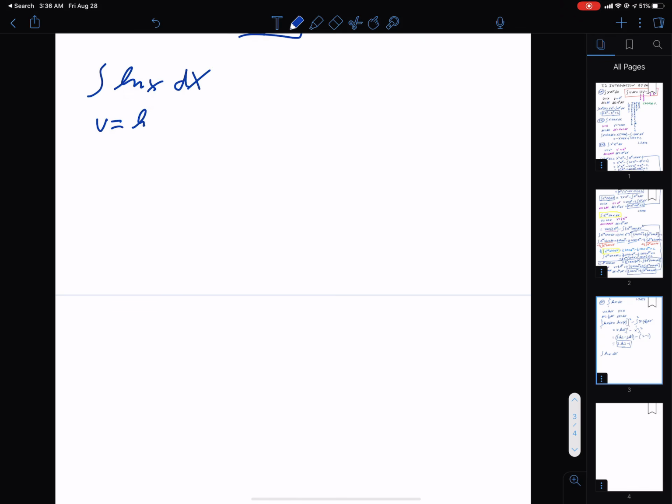'Tis u. Whatever is left is dv, so that's dx. du is 1 over x dx, and the antiderivative of dv, or dx, is just x. All right, let's do this. Ultraviolet. I'm going to rearrange these so it's less confusing. x ln of x is ultraviolet minus the voodoo.